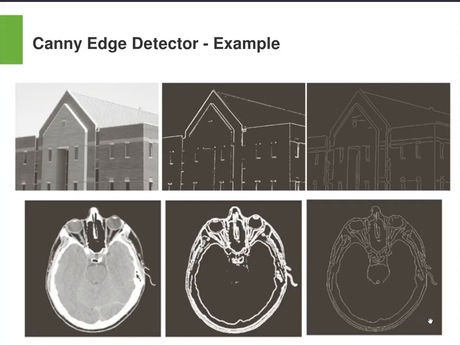So depending on the application, it's recommended to either use this one using the gradient, in which you have both the information for the gradient magnitude and gradient direction, or if you only want to know the location of the edges very accurately, you can use canny edge detector. Of course, you don't have any information on the magnitude or the direction of the edges if you use canny edge detector.